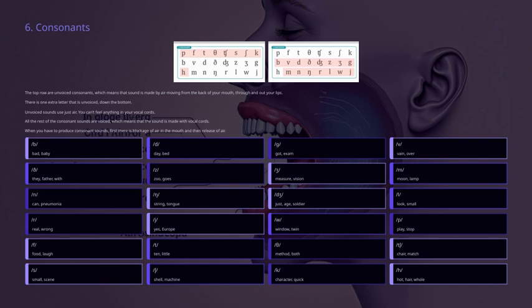When producing consonant sounds, the general process involves first blocking the airflow in some way, and then releasing it. For example, for the B sound, as in "bad" or "baby", your lips come together to block the air, and then release it. Similarly, for D as in "day" or "bed", your tongue blocks the mouth briefly before releasing the airflow.